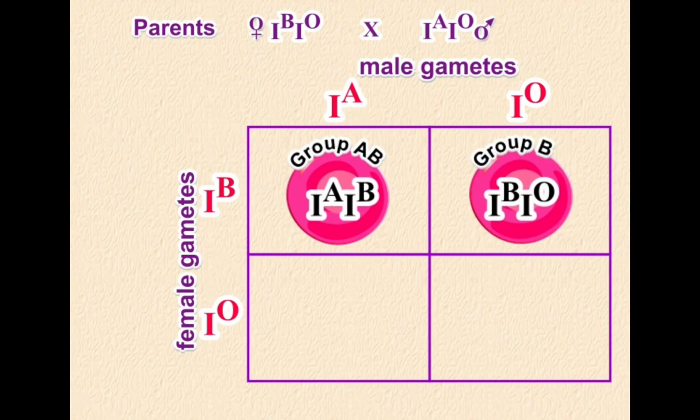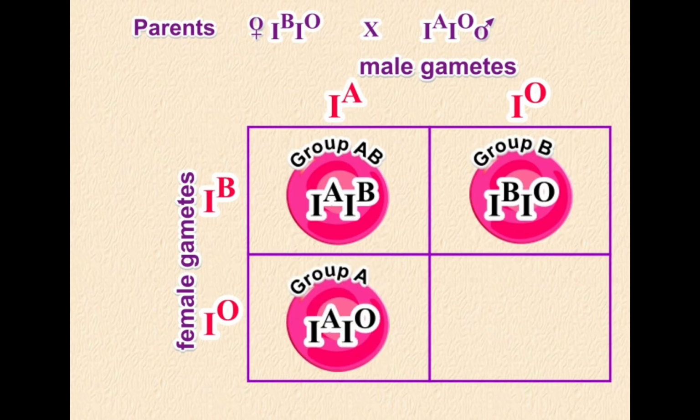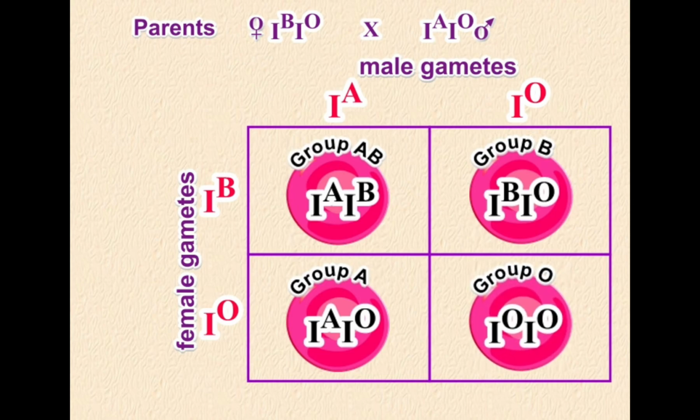There is a chance that only the dominant B is inherited from the father and the recessive O is inherited from the mother, resulting in blood group B. Likewise, blood group A is possible, A coming from the father and O coming from the mother. And finally, group O, where the child has received O from both parents.